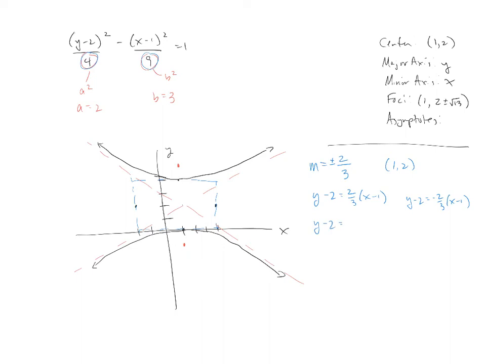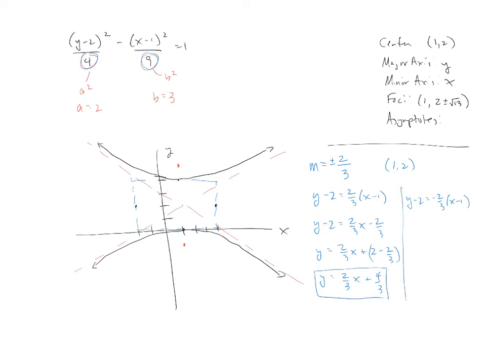So there we have y minus 2 equals 2/3 x minus 2/3, so y equals 2/3 x plus 2 minus 2/3. I just moved the 2 to the other side. That way it's a little easier to do the fraction subtraction. So that's going to be a plus 4/3.